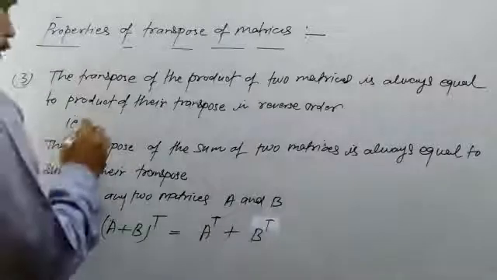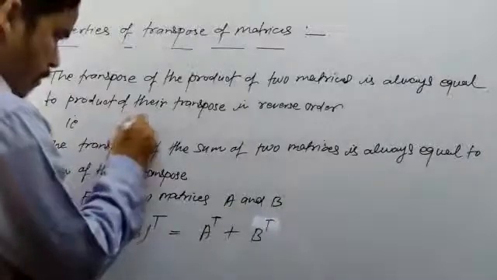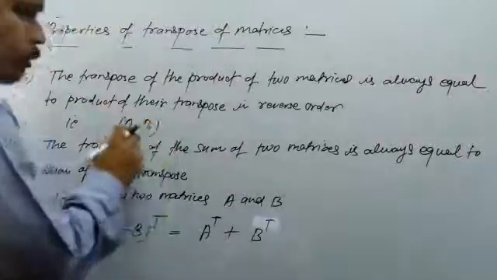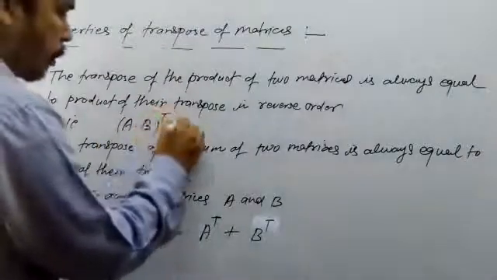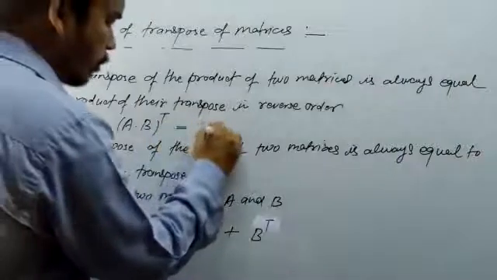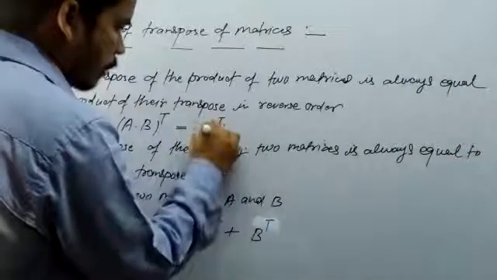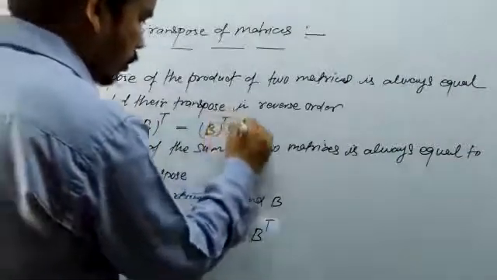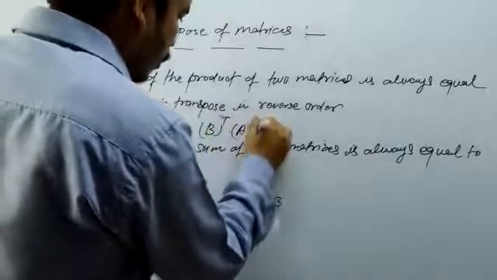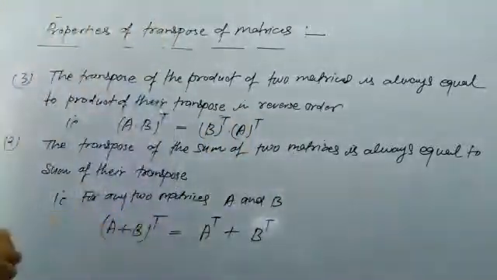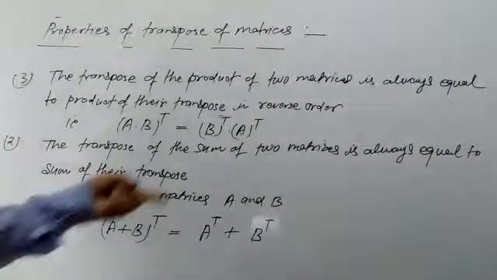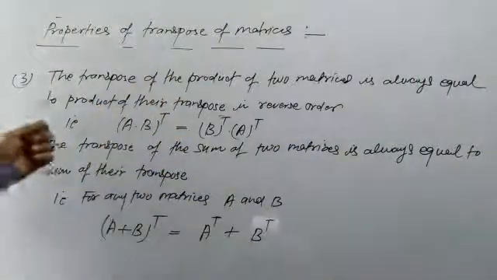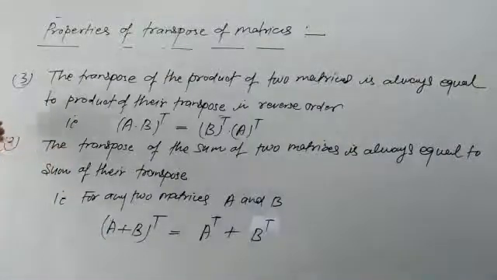That is, for any two matrices A and B, the transpose of the product of two matrices is always equal to the product of their transposes in reverse order. So these are the basic properties of the transpose of matrix. There are three properties I have written.